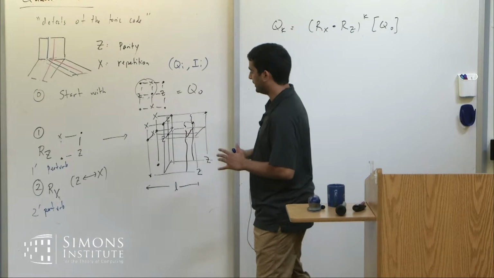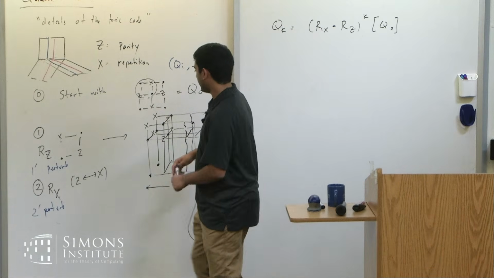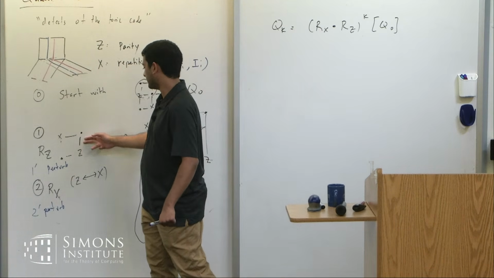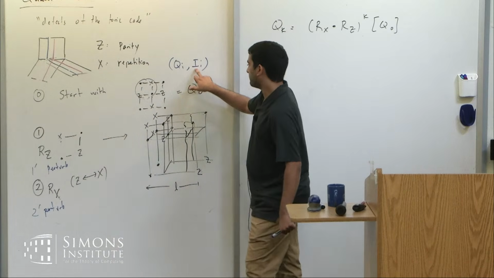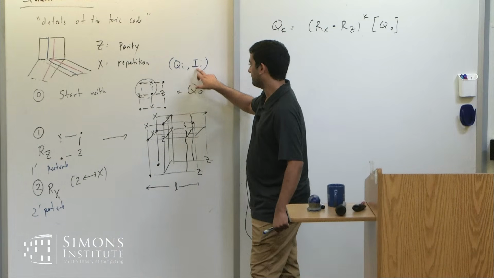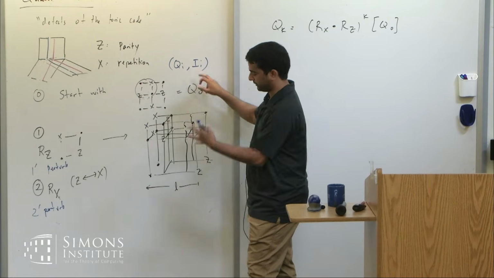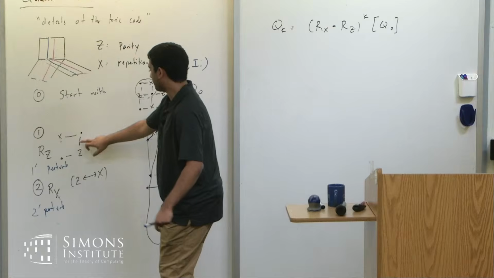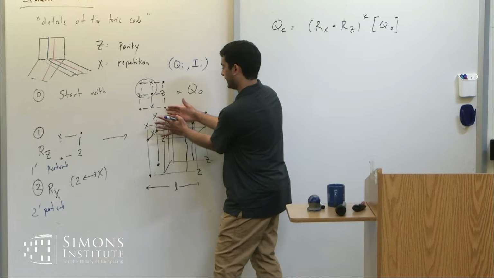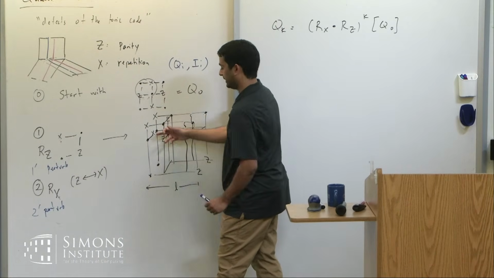But essentially, when I do this replacement procedure, the density will increase, basically. What do I mean by this? When I apply this procedure, I added more qubits, I added more cells.